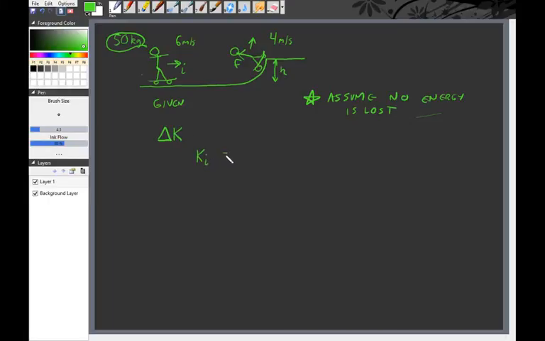His initial kinetic energy is 1/2 times 50, his mass, times 6, which is initial velocity squared. Okay, so I'm totally doing this in my head right now. It's 900 joules. That's his initial kinetic energy.